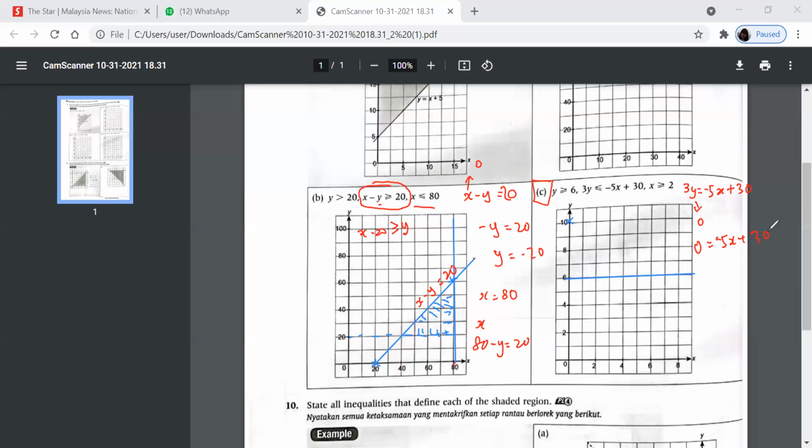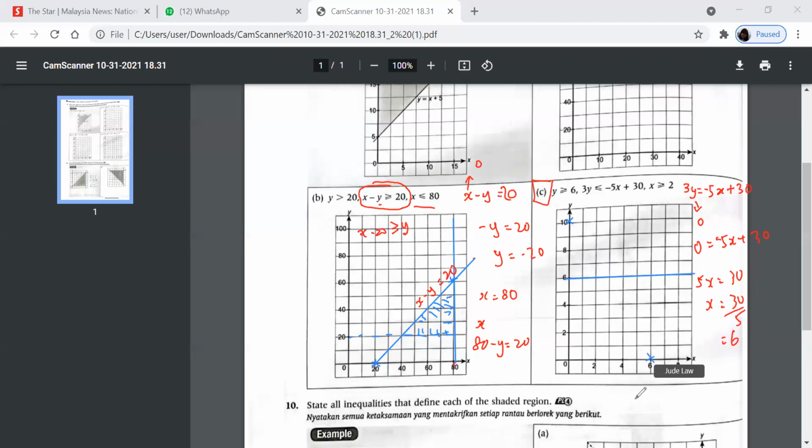Then x equals 6. Good. So 30 divided by 5 is 6. So where's your point? y is 0, x here.